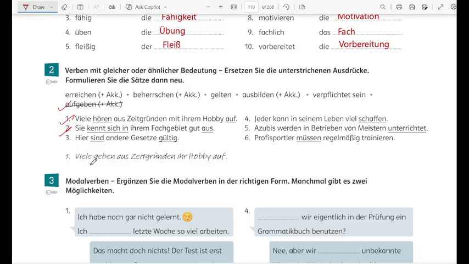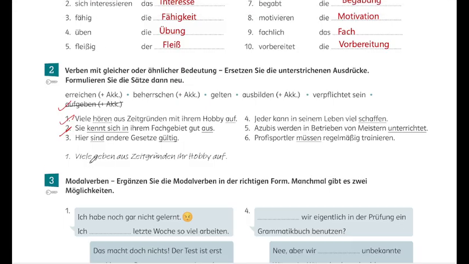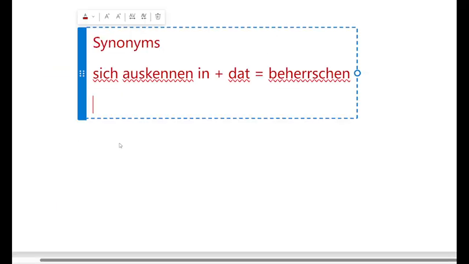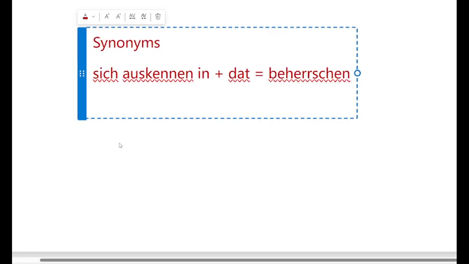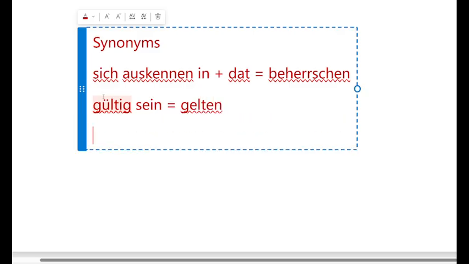Another one here is hier sind andere Gesetze gültig. Gültig sein. Gültig means valid. Okay. Gültig sein, or like to be validated, here we can replace it with gelten, to be applicable. Okay, apply.